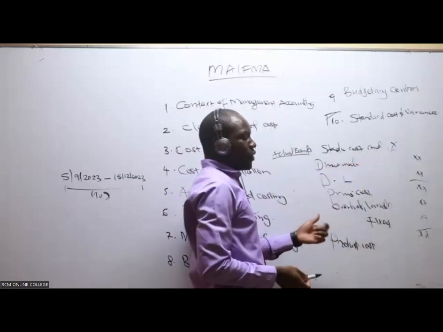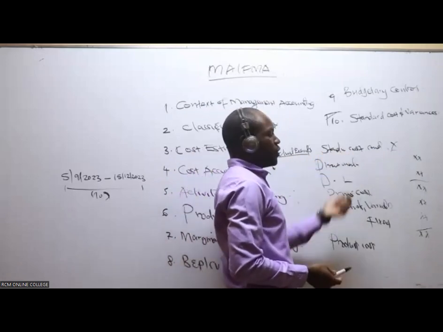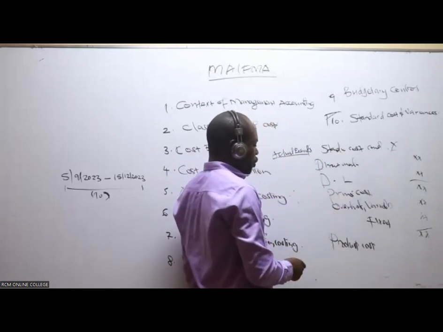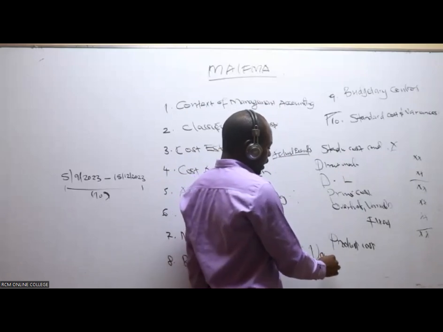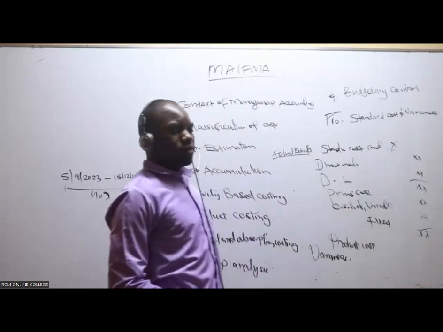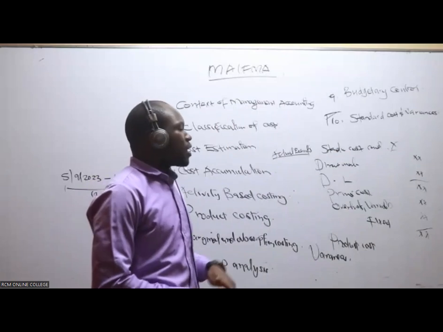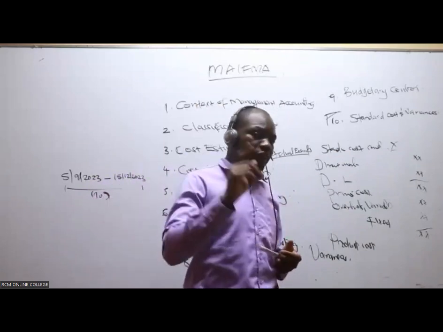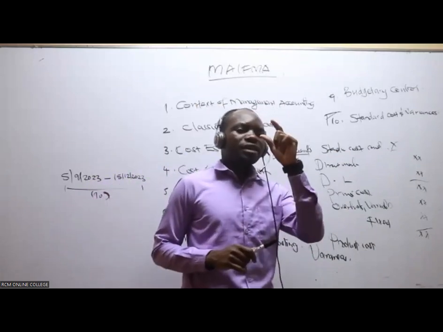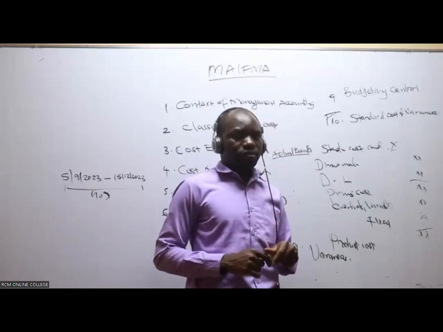It means with the actual results and the standard cost card, we can get what we call variances. And remember, these variances can be adverse or favorable, whereby adverse is negative, favorable is positive.